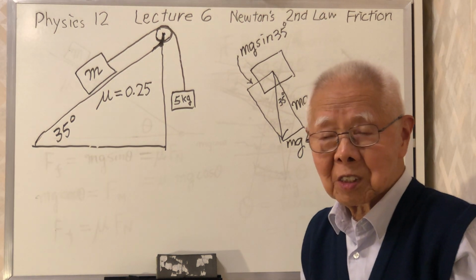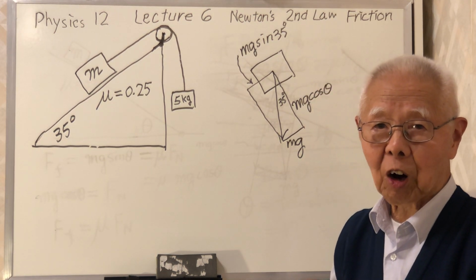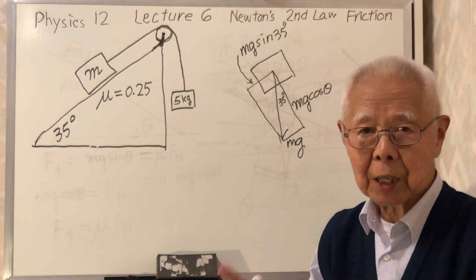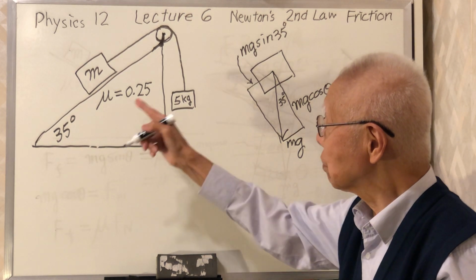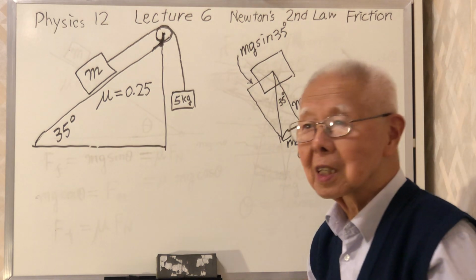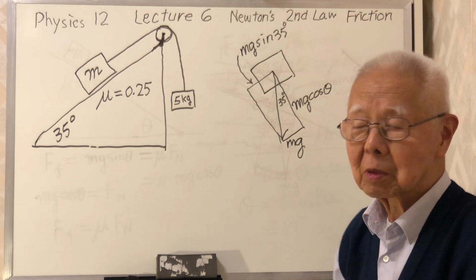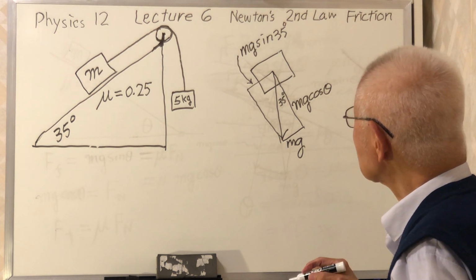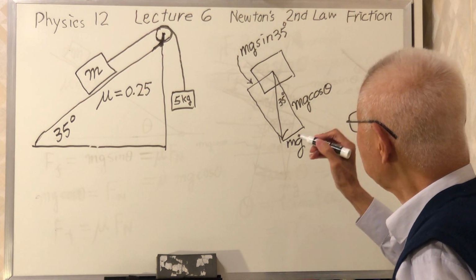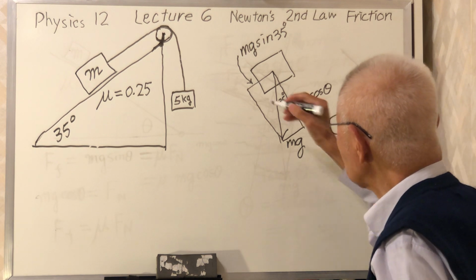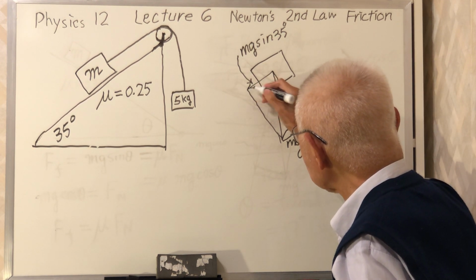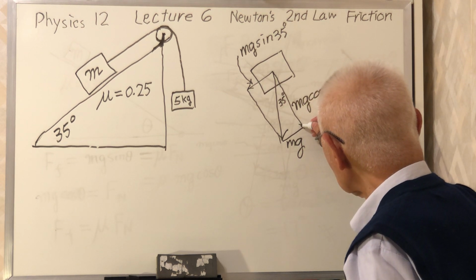The reason is exactly the same as before, because the two sides of this angle are perpendicular to the two sides of this angle. Okay? I'm not going into the detail. Now, there is a friction force. Let me put down the arrows. This is a component direction. This is a component direction.